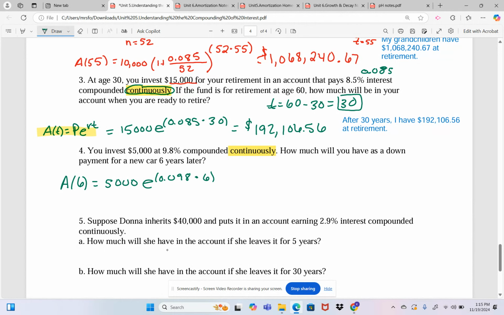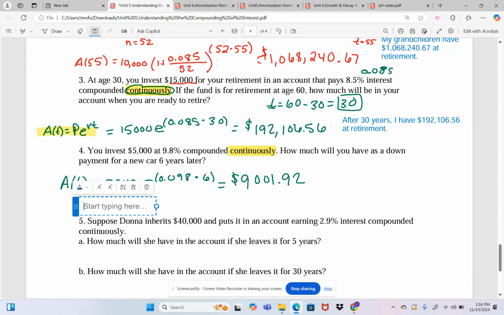0.098. And like I said last class, I really would love to know where they're getting these interest rates because they're great. So now you would get that we have $9,001.92.